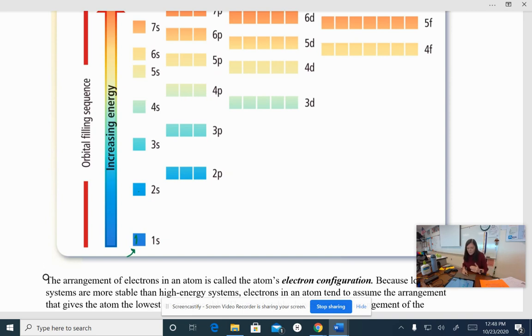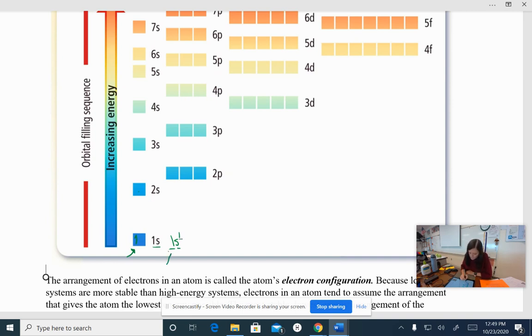Now, by convention, we really don't know if that electron is an upspin or a downspin. But by convention, we always start with the upspin. So that one electron is in the 1s orbital, and we have one electron. So we're going to call that 1s1. This is the energy level, the type of orbital, and how many electrons we have.